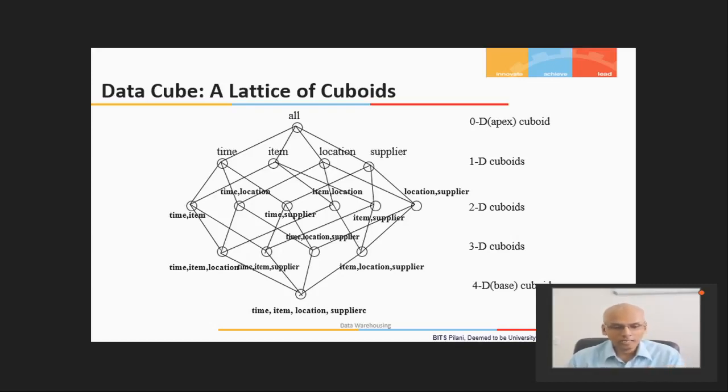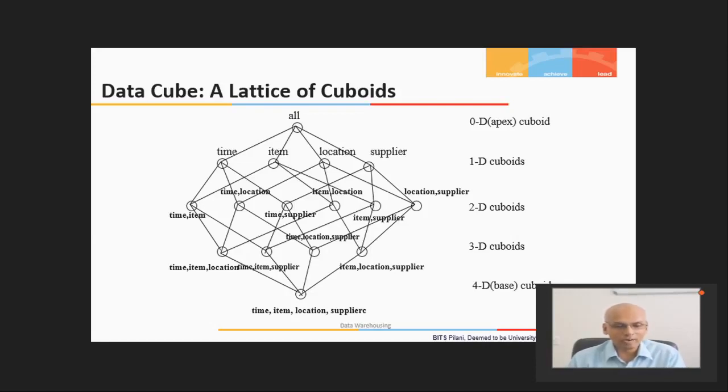This is a way you may represent all the cuboids that are required to compute the complete data cube, so that at the time of analysis you're not going back and doing a SQL query and then doing a sort, group by, summation and all that, because then the session will become very slow. So now let's see how many summaries you need to compute.